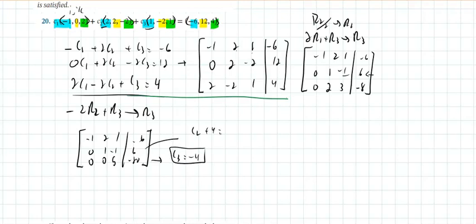C2 plus 4 equals 6. That means C2 equals 2. And negative C1 plus 2 times C2, which is 4, plus C3, which is negative 4, equals negative 6. So C1 equals 6. So these would be the actual solutions to this.